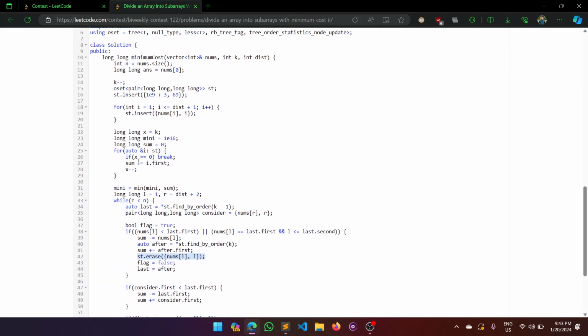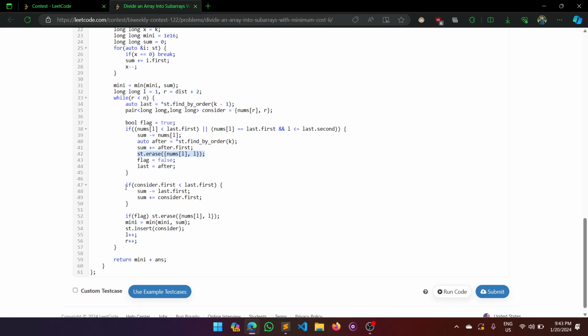That's why we have written an explicit if condition in which we are considering that if the rth element is smaller than the last considered value of the k values, then we'll remove that element, include the rth element in our answer, and push it into the set as well.